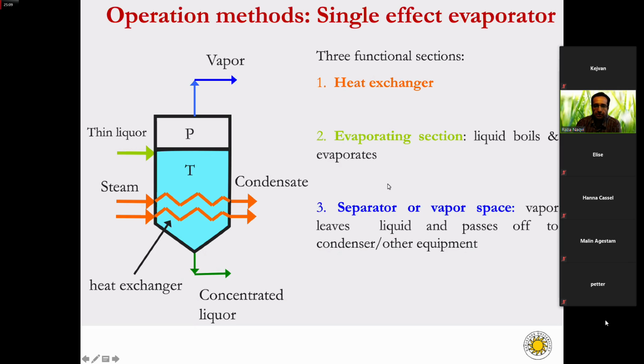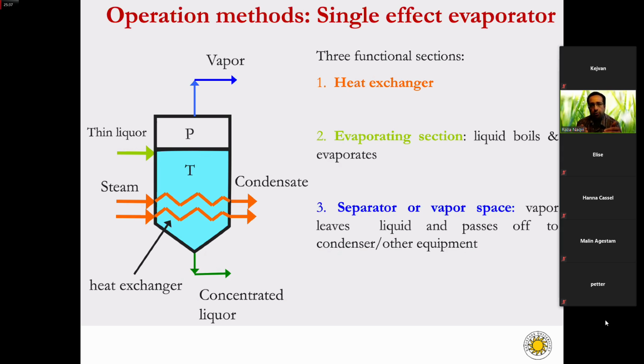The second part is called the evaporating section, which is the main body of the evaporator. In this section, the liquid boils and the water or liquid evaporates. The third part is called the separator or the vapor space. So this is the part here. Vapors leave the liquid phase and pass off to the condenser or any other equipment. So this is a very general construction of a single effect evaporator.